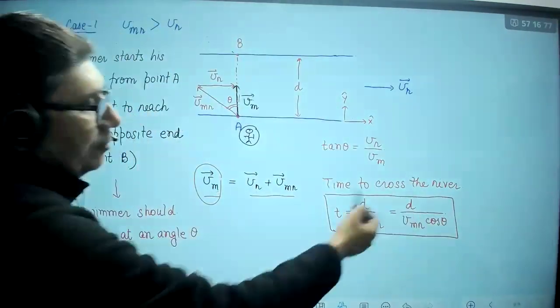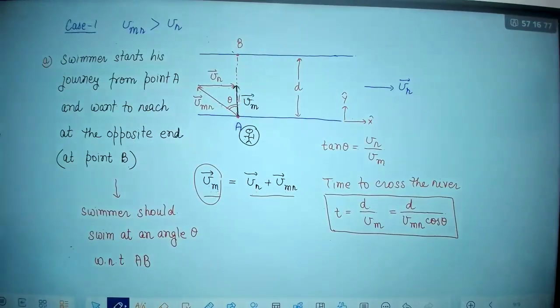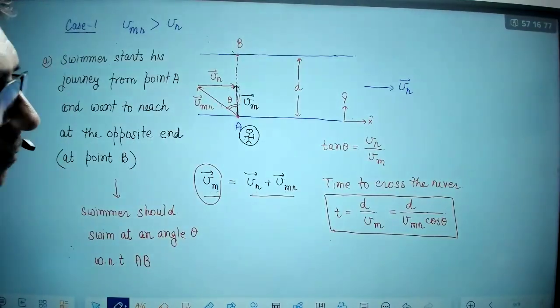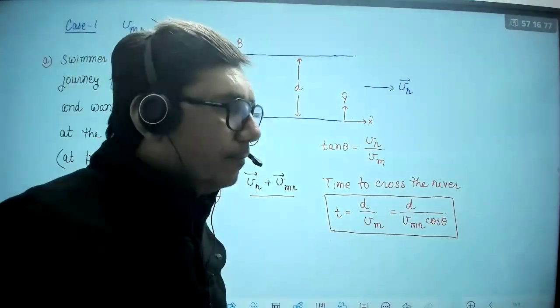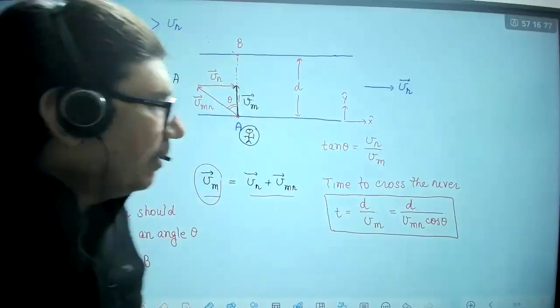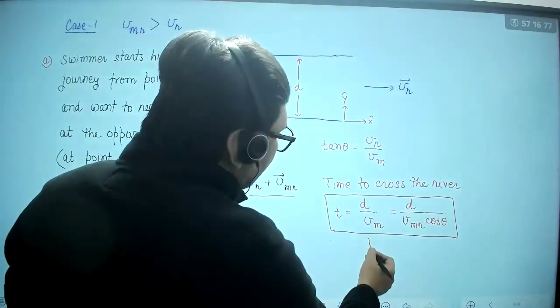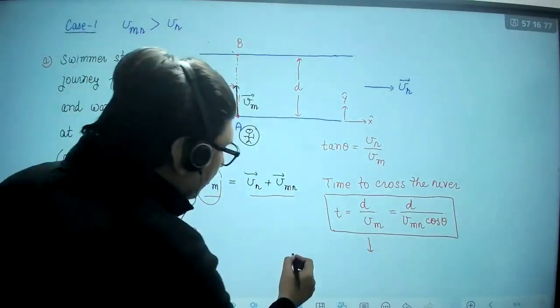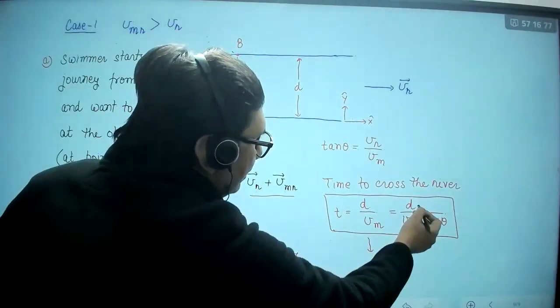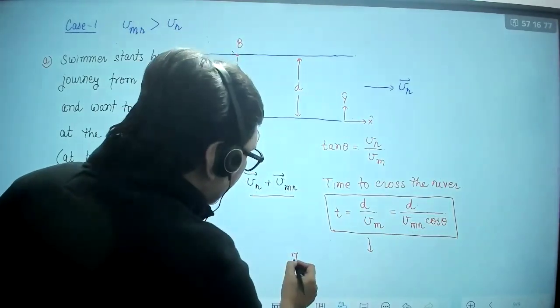So what will it be? Can you tell me when he is going to cross the river in minimum time? We have to give values for cos theta. Yes, maximum. Very good. So what is T? If he wants to cross the river in minimum time, try to understand from here: T is d upon VMR cos theta.